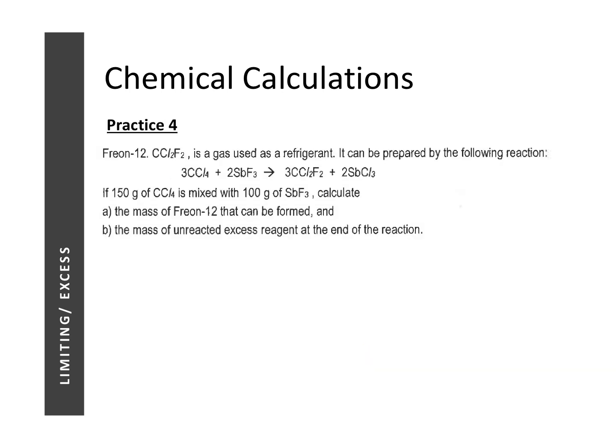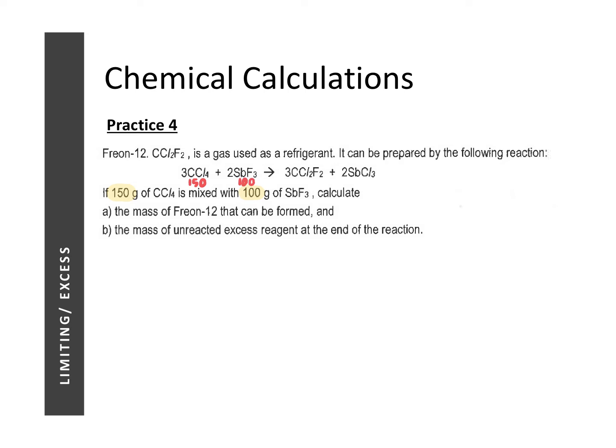In this particular question, once again, I hope you can recognize that it's a limiting excess type question even before reading part A and B. Why is that so? Because you are given the mass of two reactants: the mass of carbon tetrachloride and the mass of antimony trifluoride.